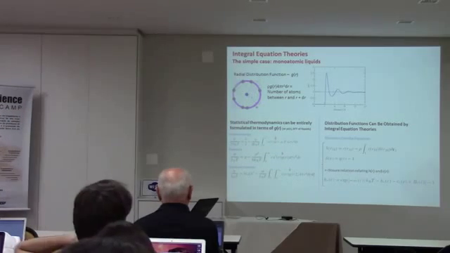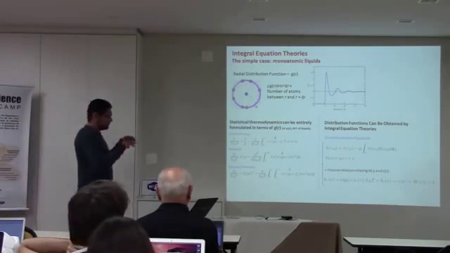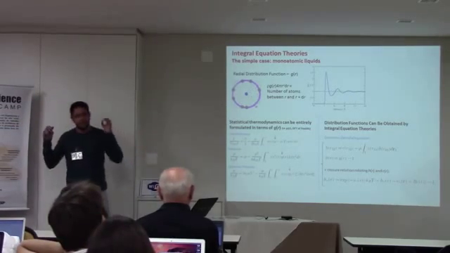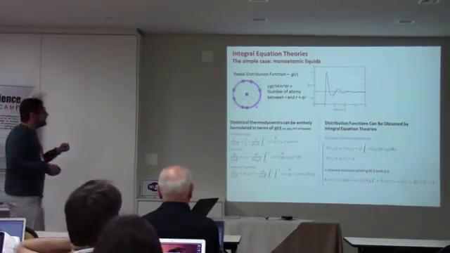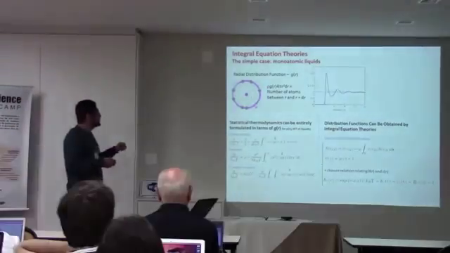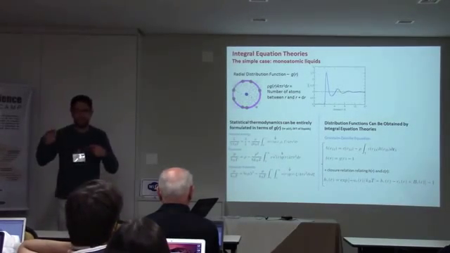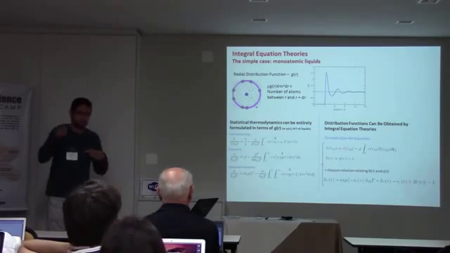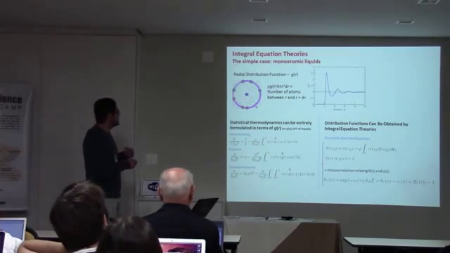And the radial distribution function is just this: for example, if you have a monatomic fluid and you pick one of these atoms, this blue one, and then you look around at a given distance and count how many atoms there are at that distance from this atom.